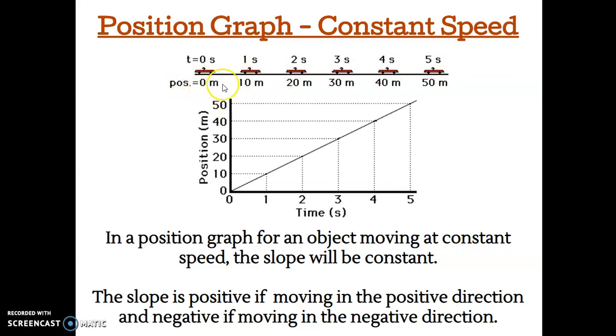And down here, we're told the position of the object. So at 0 time, the initial position is 0 meters. Then 1 second later, it's at 10 meters. 2 seconds later, it's at 20 meters. And basically, this is translated into this position versus time graph.